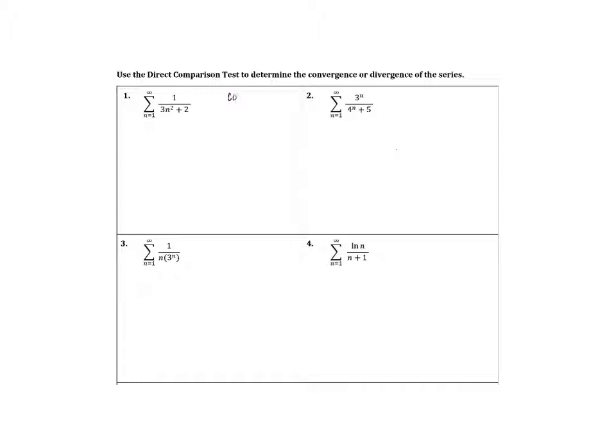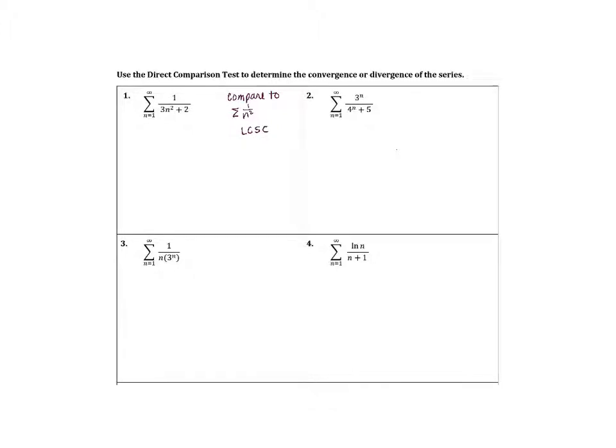But this one I would compare to, let's just say 1 over n squared, because I know this converges. And so we can talk about if that's convergent, then we're talking about LCSC, large converges, small converges.